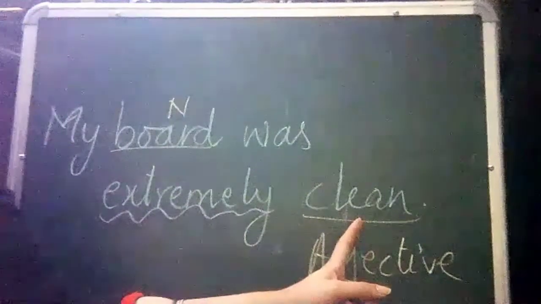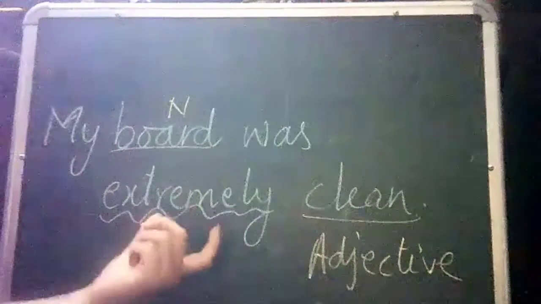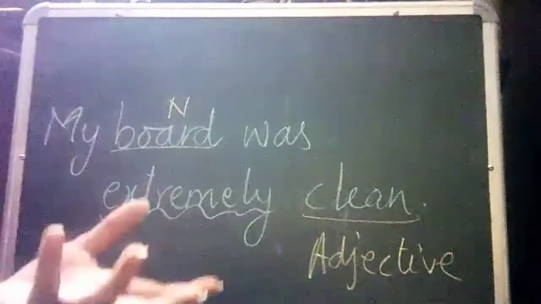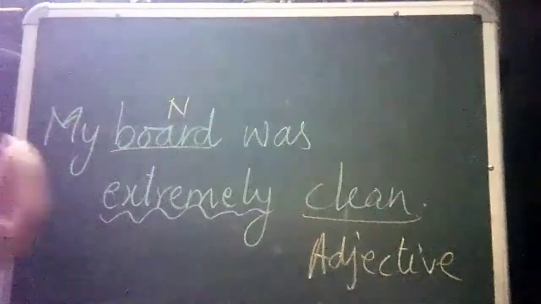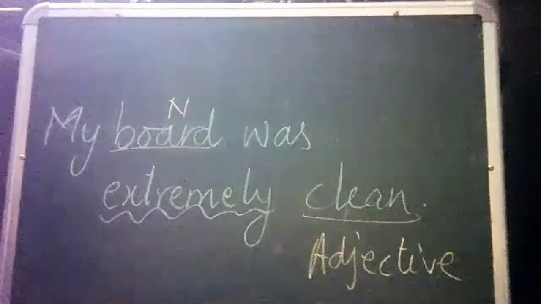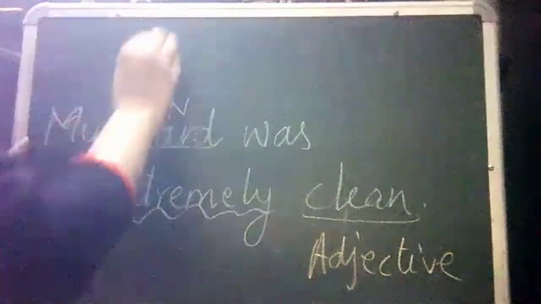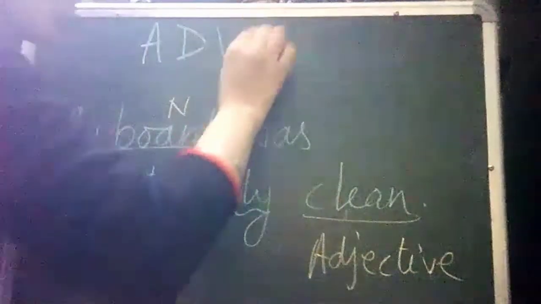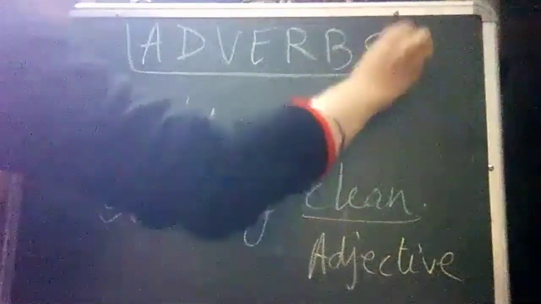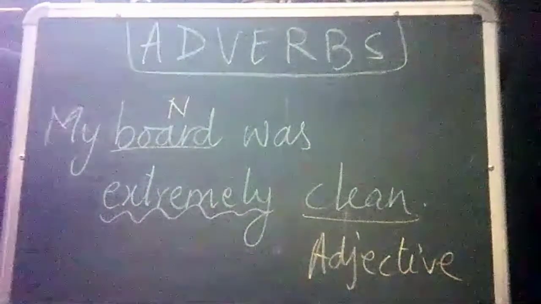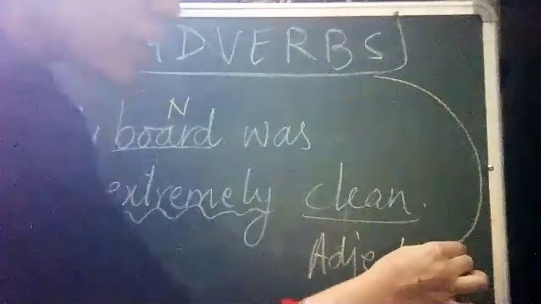So such words which modify and add more meaning to the adjectives, what are they called? Think, what are these words called? Well, these words are called adverbs. Now, if you read the word adverbs slowly, you will understand that it has been formed with two words.